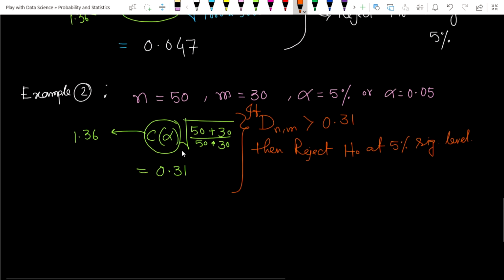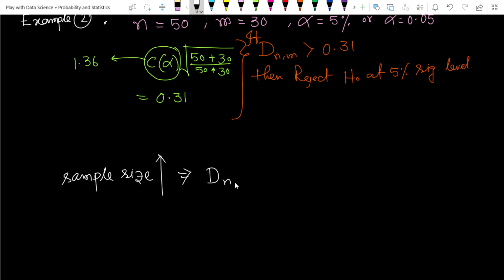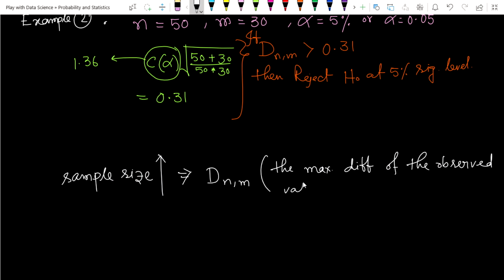So from these examples we can conclude that if we increase the sample size, the maximum difference of the observed values of x1 and x2, Dnm, decreases.